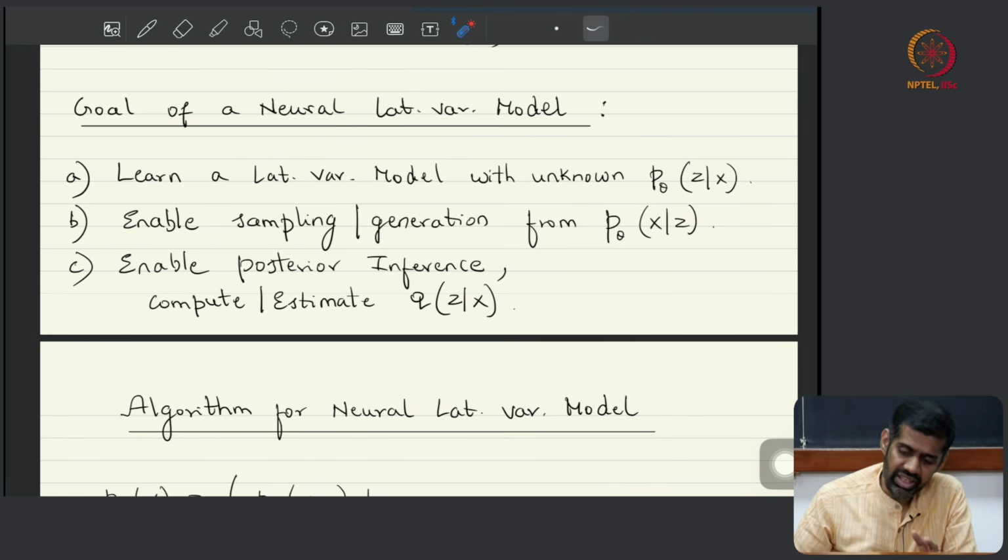Okay. So, any latent variable model has to do these three things. One, learn a latent variable model. I mean this with unknown p theta of z given x, specifically for those models which do not adhere to EM. Then functionality wise it has to enable sampling, and it has to enable posterior inference. We need all three of them to be done, alright.